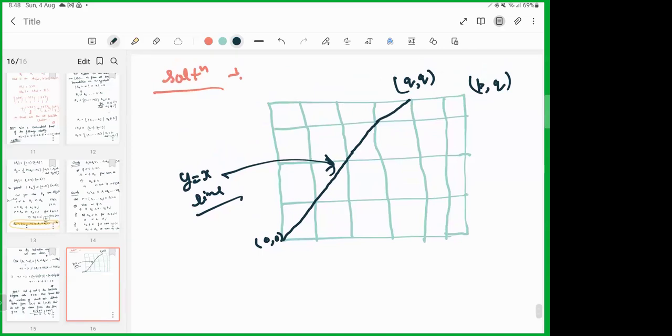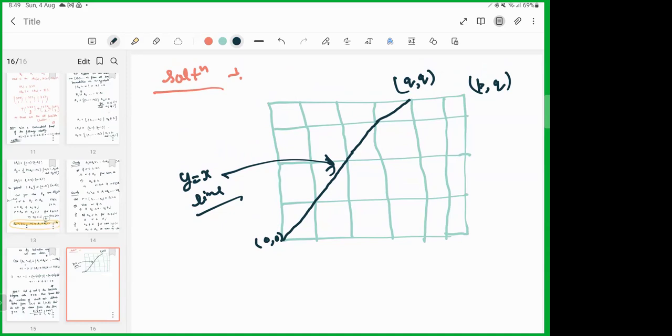So p, q may be different. So p plus q choose p, that is standard for all the total paths. Then I need to subtract from that all the paths that do cross the line, that go above the line.